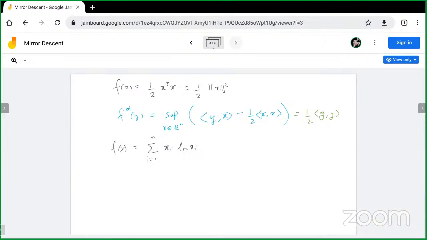So now f is from only the positive reals to the reals. So now let's figure this out. What is f star?